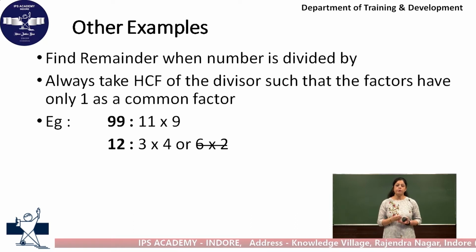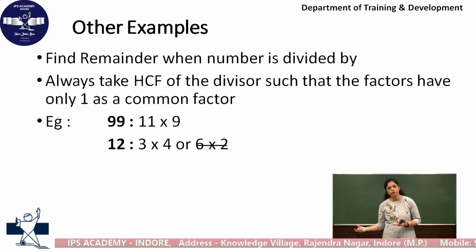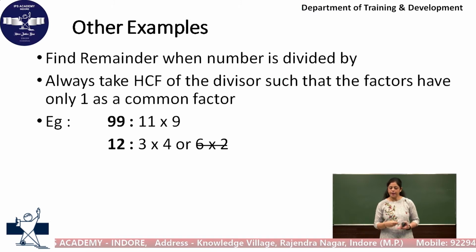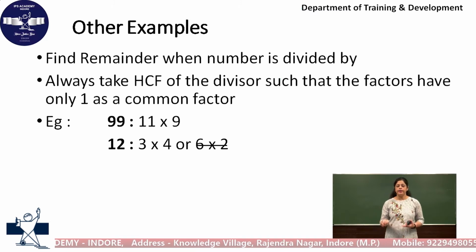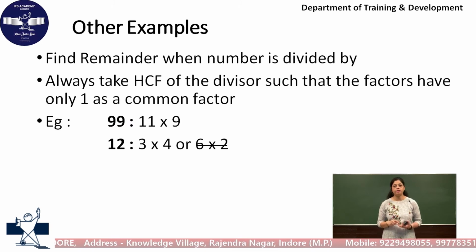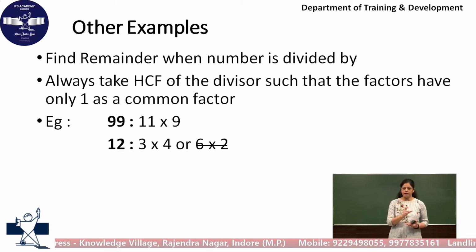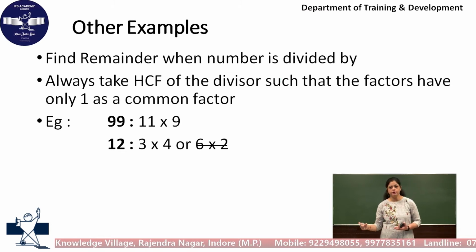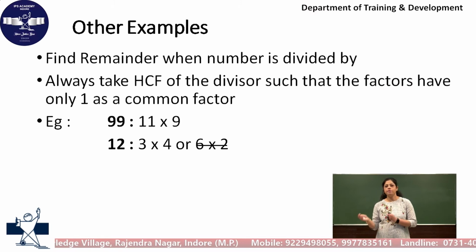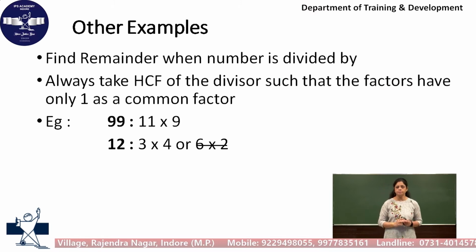Now you must know that if a number is divisible by a number, it is also divisible by its factors. If any number is divisible by 6, it is divisible by 2 and 3, because 2 and 3 are the factors of 6, right? That's why if we factorize the divisor into numbers, those numbers will also divide the number equally. Clear?